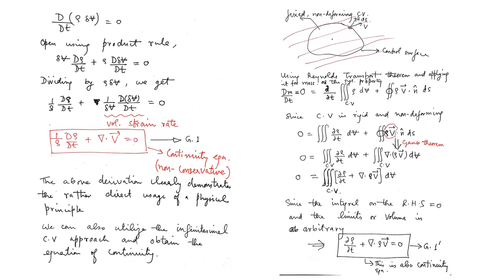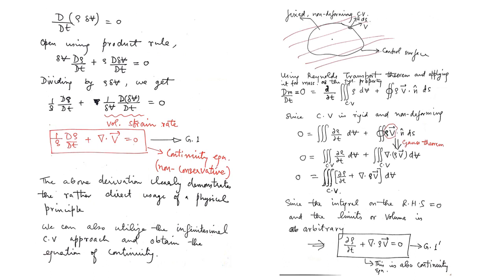So as you can see, if you compare G1 and G1 dash, they apparently look to be different. Non-conservative form or conservative form, both don't appear to be identical, they appear to be different. But this difference will soon vanish when I show you that you can derive one from the other. This is what we say, that the two are equivalent.